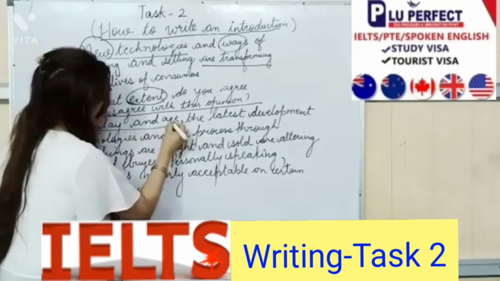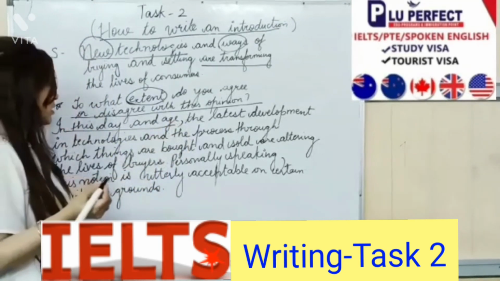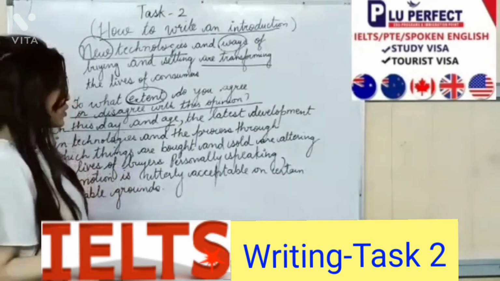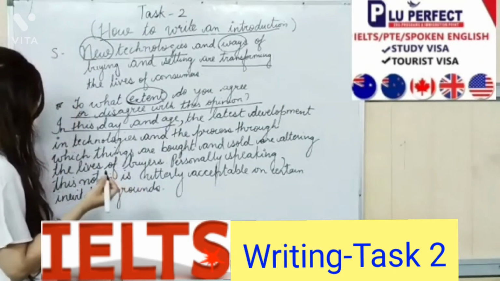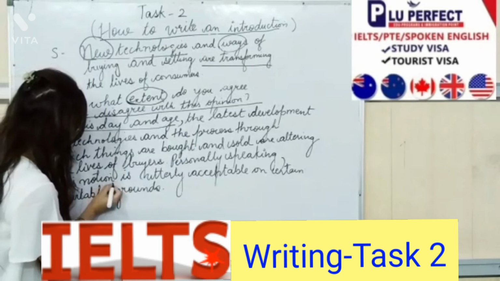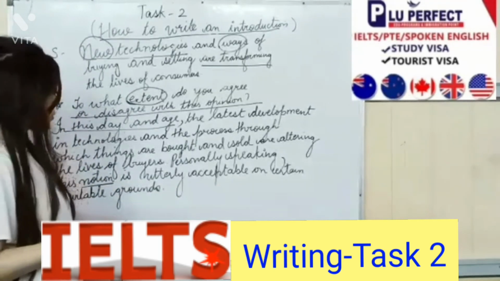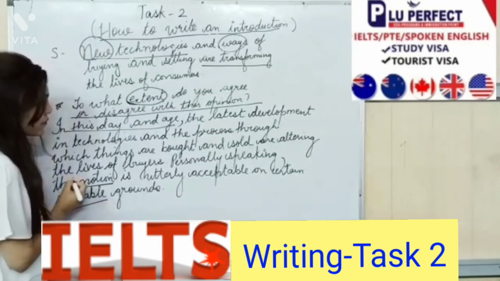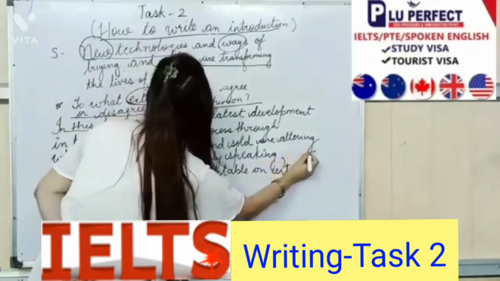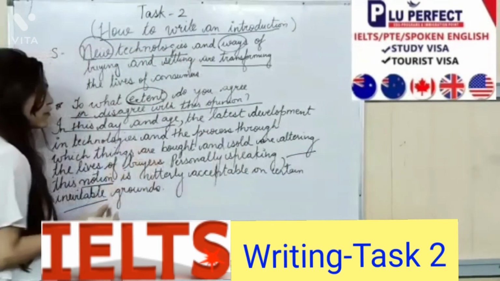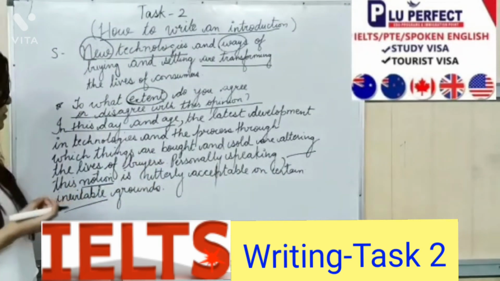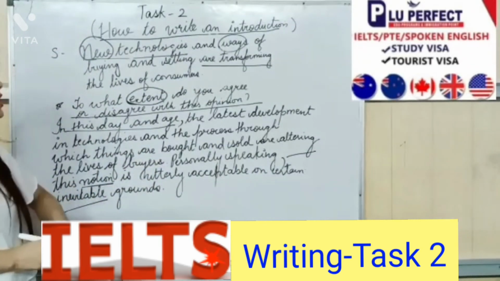Now, this is a phrase, use it, it's very good and it will help you to fetch bands. And a certain vocabulary that I have used, because you have to use vocabulary, lexical resources are really, really important. Inevitable, okay, altering, okay, and I have changed the form of certain words.